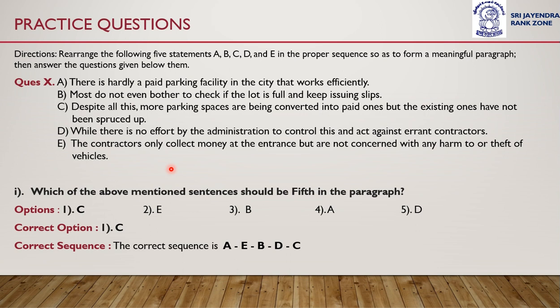So the correct sequence is A, E, B, D, C. A, E, B, D, C is the correct sequence. So now we have the sequence and we can solve all the questions related to this paragraph.